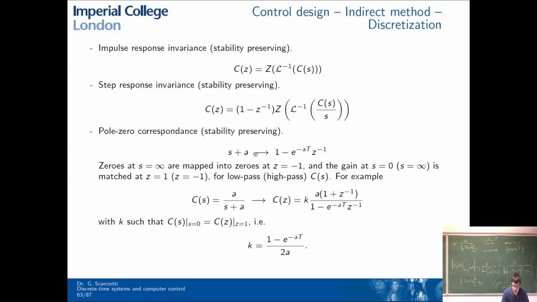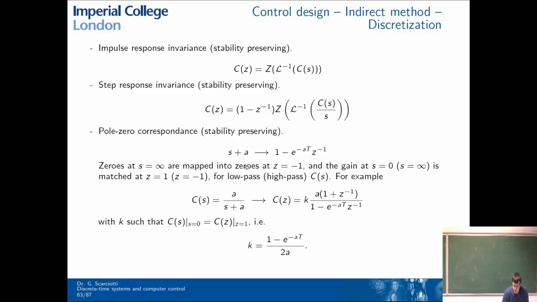And if we compute the Z transform of that exponential of time, we'll obtain a fraction, 1 over this polynomial over here, where we have e power minus aT, okay? We have seen this when we were talking about the Z transform. So we know that if we go from a function that has a pole in S plus A, this will become, using the impulse response invariance, a pole in this point over here, okay?